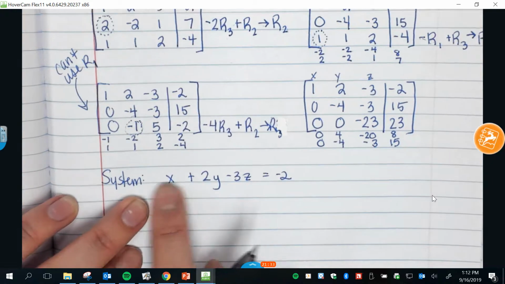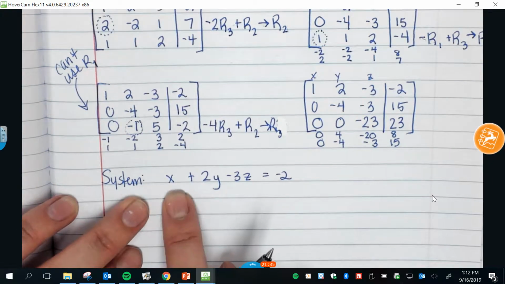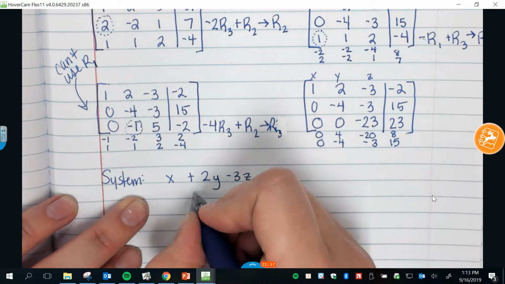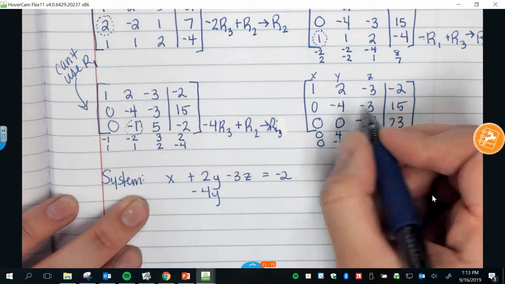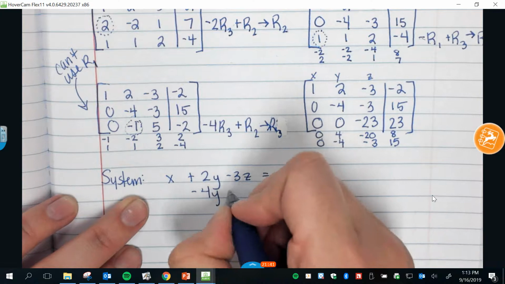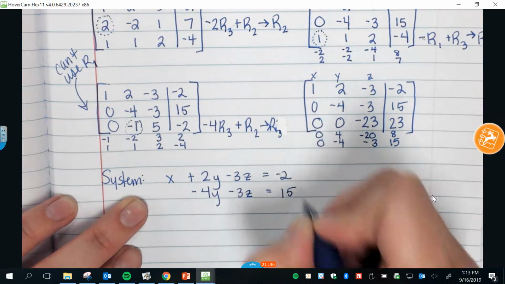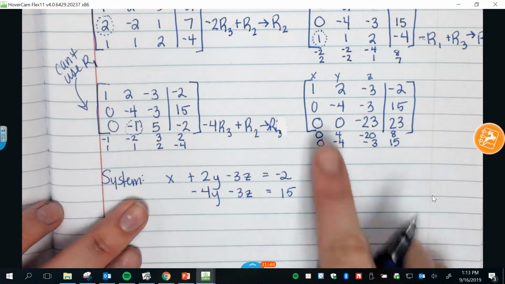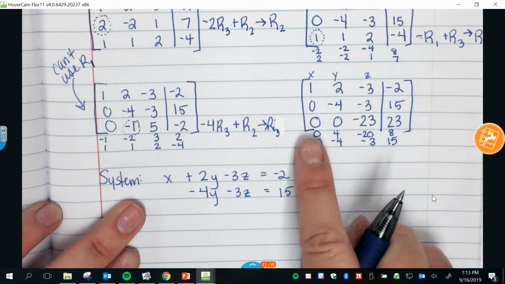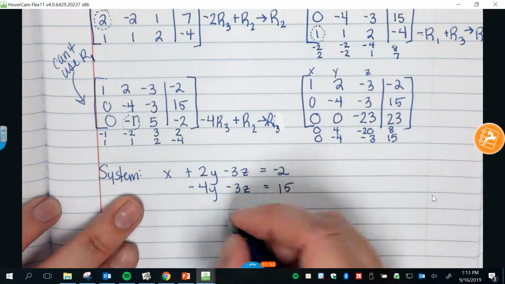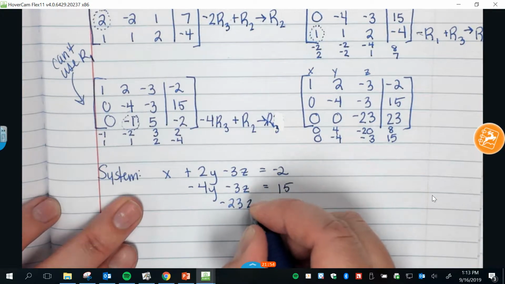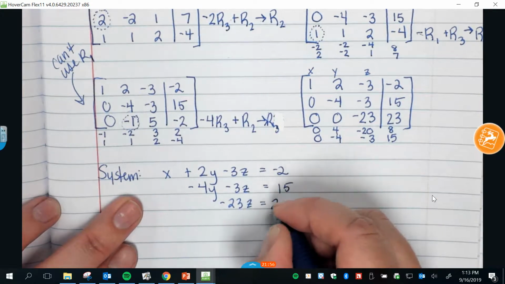I'm just not going to put anything there. That'll be minus 4y, and then that minus 3 means minus 3z equals 15. And then the final row, 0x, 0y, is negative 23z equals 23.